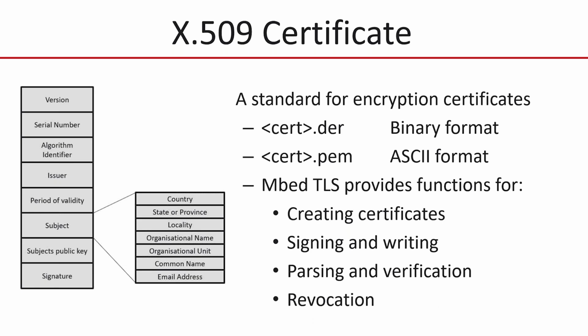Now, the format of the data that goes into the common name field isn't rigidly defined, but it's usually the URL of the website that's associated with the certificate. So in there will be google.com or the name of our server. This means that the public key is now tied to that website, and all of that is validated by the signature of the CA.